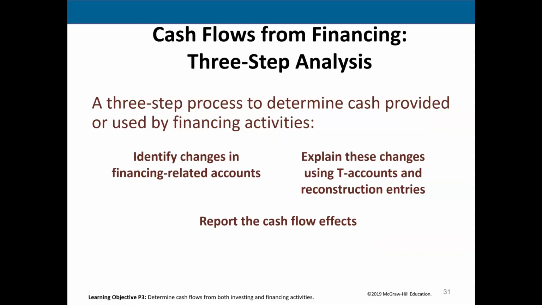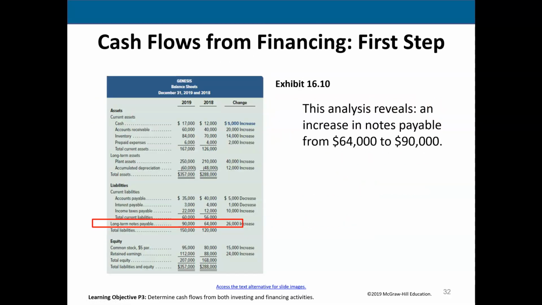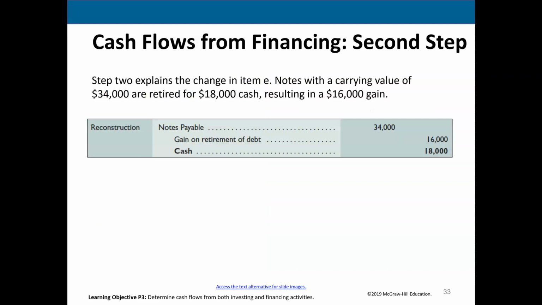And then let's look at the financing activities. Let's look at this long-term notes payable. In 2018, it was $64,000. In 2019, it was $90,000, which means the company increased the amount that they owe by $26,000. Let's look at where that difference is coming from here.